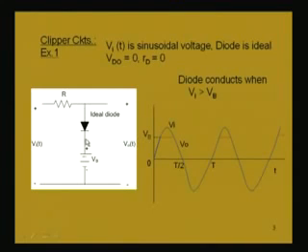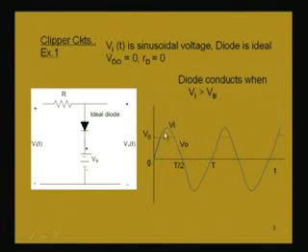That means Vi t at any point should be higher than VB, so that the diode conducts. Now, Vi is a sinusoidal waveform as shown here, and the voltage at any instant varies as shown in this plot.